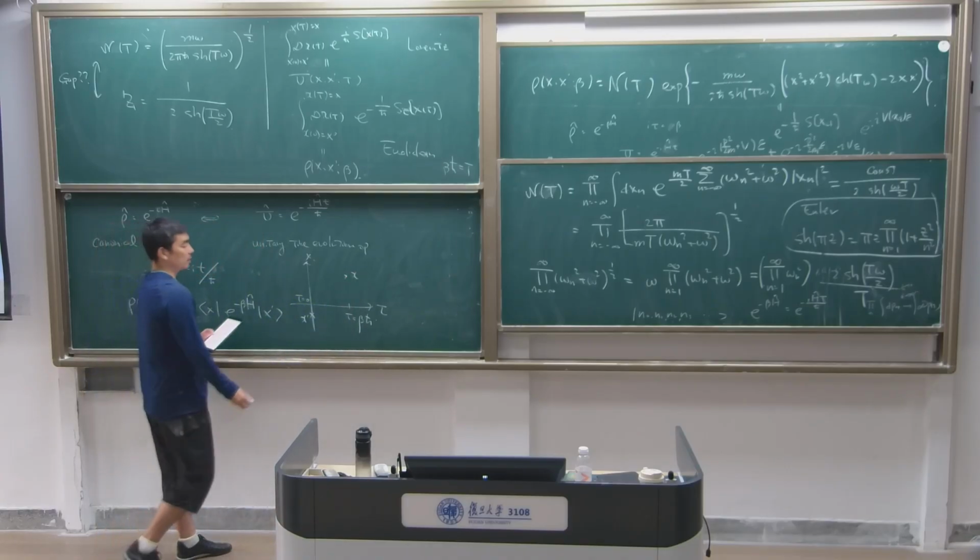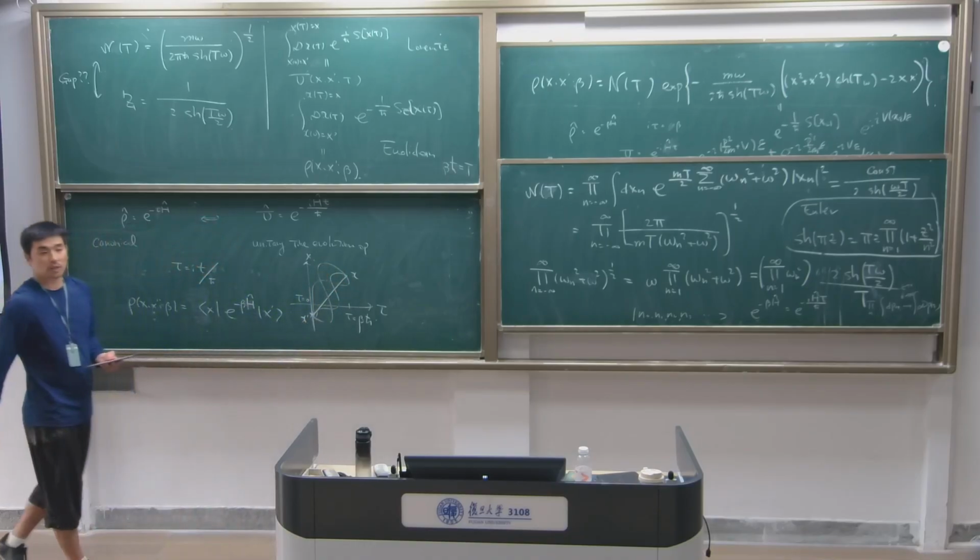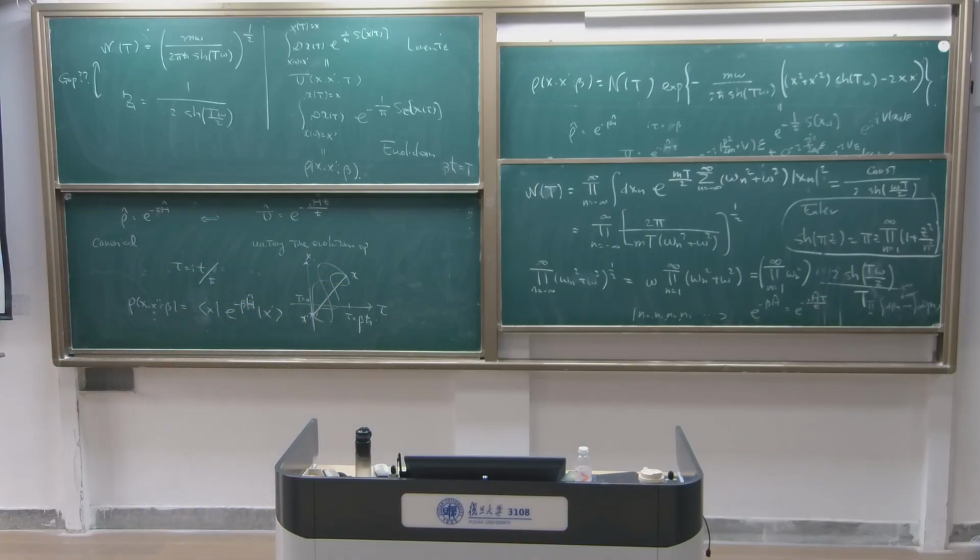And this can be understood as all possible paths from x prime to x in the imaginary Euclidean time. So the density matrix can be treated as the path integral in Euclidean time.